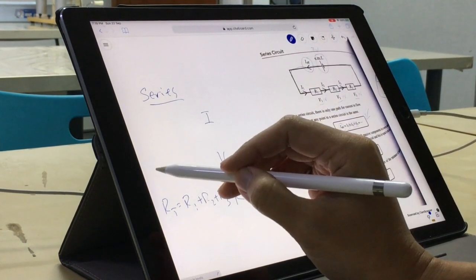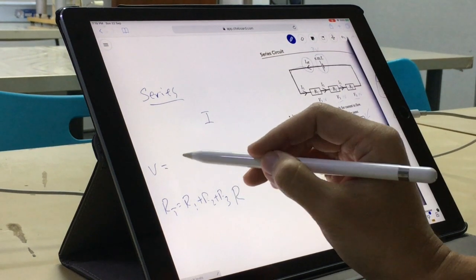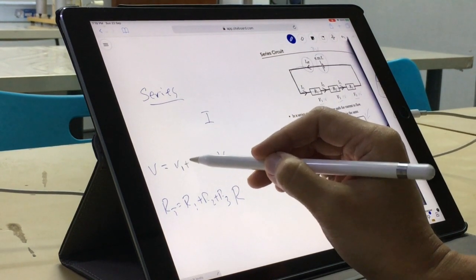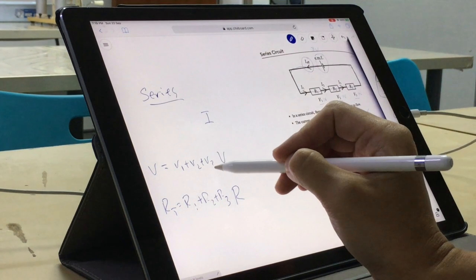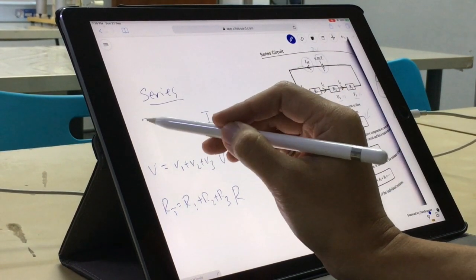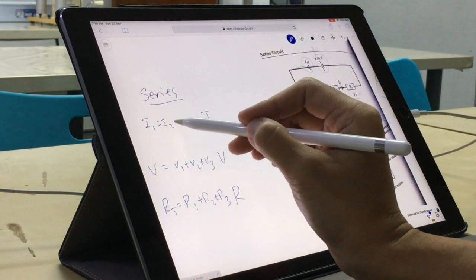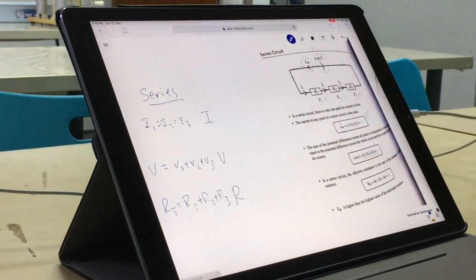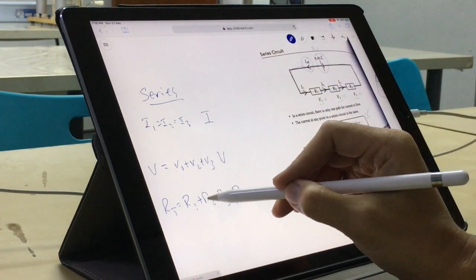Then V equals V1 plus V2 plus V3. And the last one, I equals I1 equals I2 equals I3. That is the summary for series.